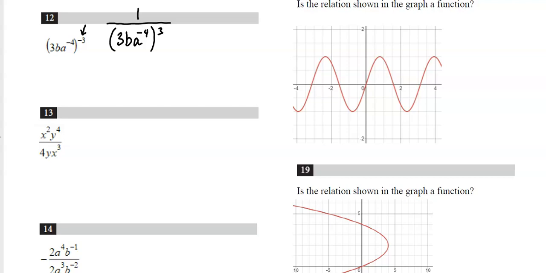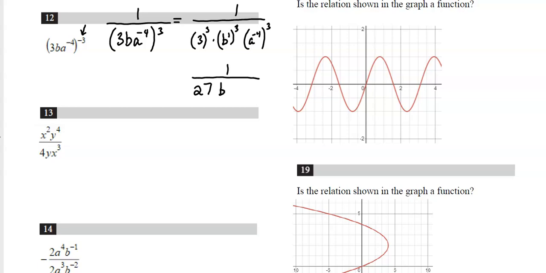And now I'm basically going to just raise everybody to the 3rd power on the bottom there. So I'm going to go, 3 to the 3rd power times b to the 1st to that 3rd power, and then a to the negative 4th times that 3rd power. So when I do all that, I end up with 1 over 27 b to the 3rd, a to the negative 12th.